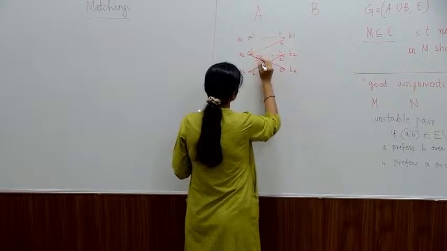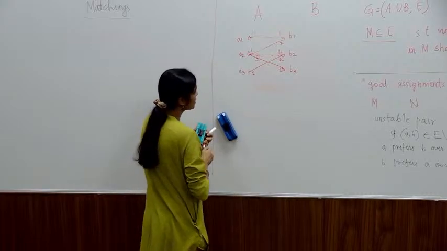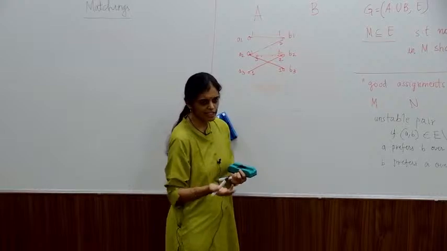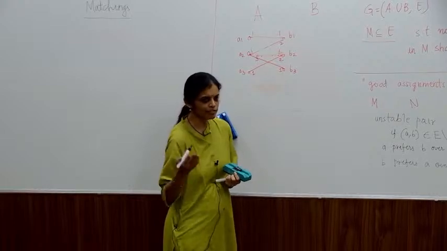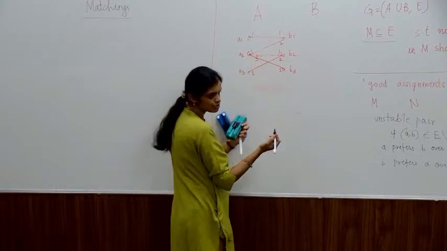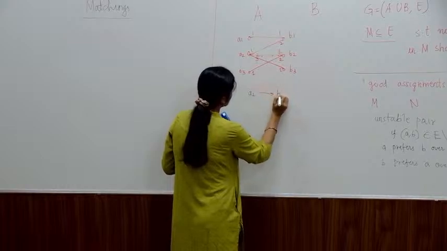The A's start applying in any order, but they go in the order of preference. It's very natural to try out your first choice before going to your next choice. Let's say A2 decides to apply first. A2 goes and applies to the first choice, which is B1.